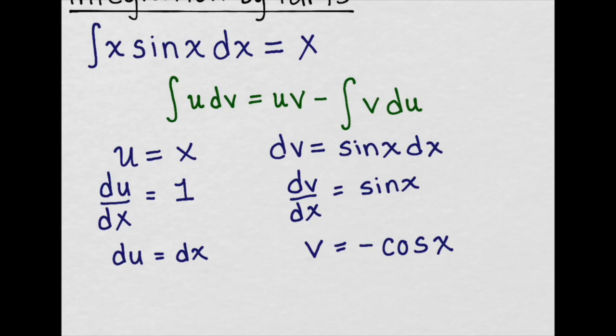So let's make a negative sign out front and put a cosine of x. Don't forget this negative sign here, it's not a plus sign. The integral of v, what is v? Negative cosine of x. Now I'm going to use that negative sign to make this a plus sign.